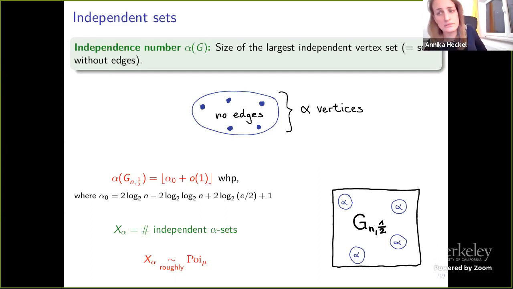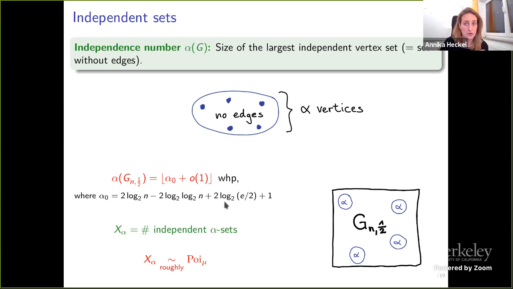Now there are some annoying things that can happen if this function alpha 0 gets close to an integer. So there's this little o(1) term where, if alpha 0 is close to an integer, the independence number of G(n,1/2) might take one of two values. But most of the time, when alpha 0 is far away from any integers, we know exactly what the independence number of G(n,1/2) is.